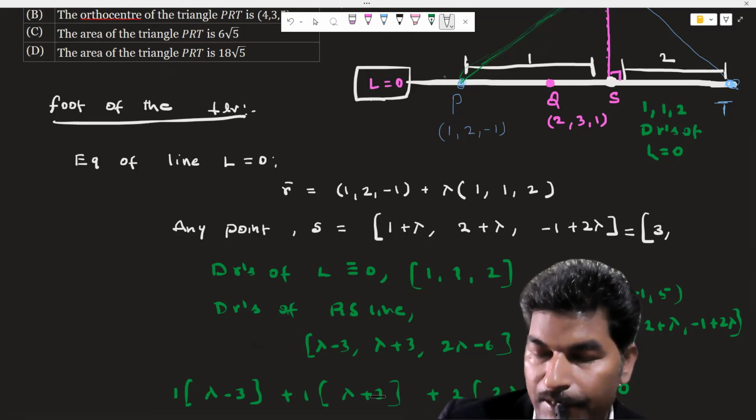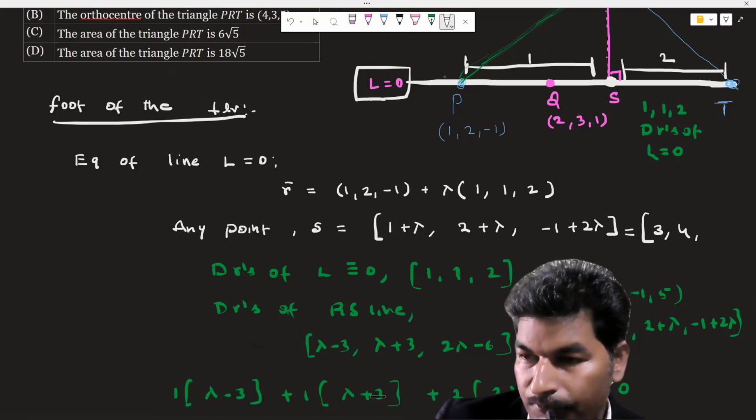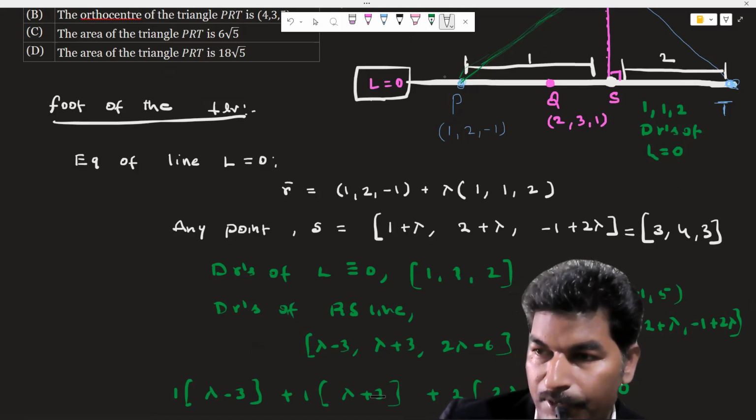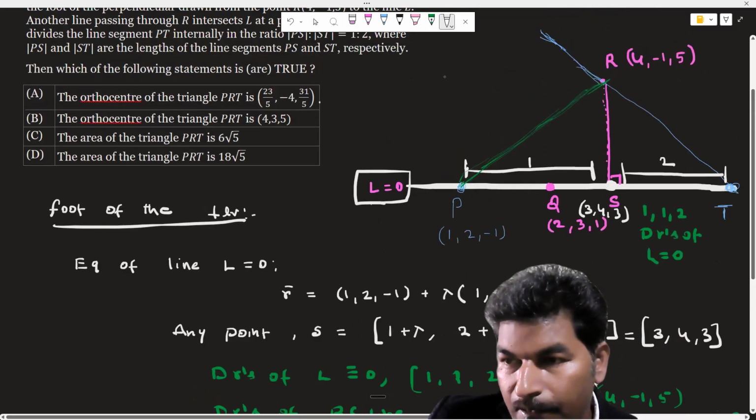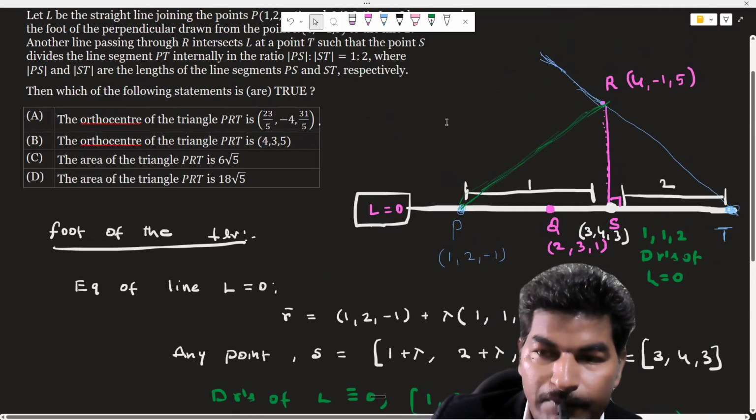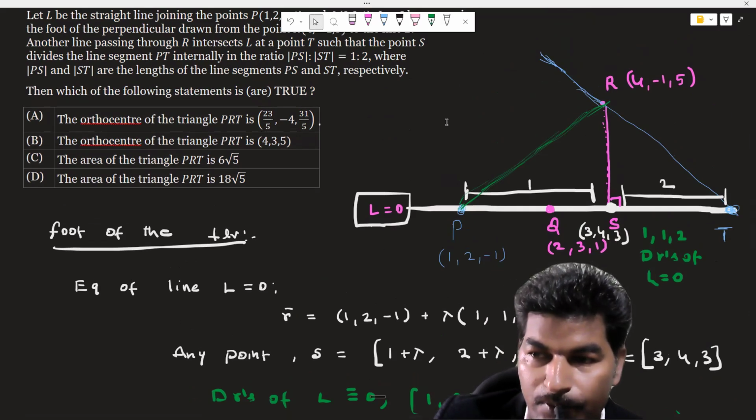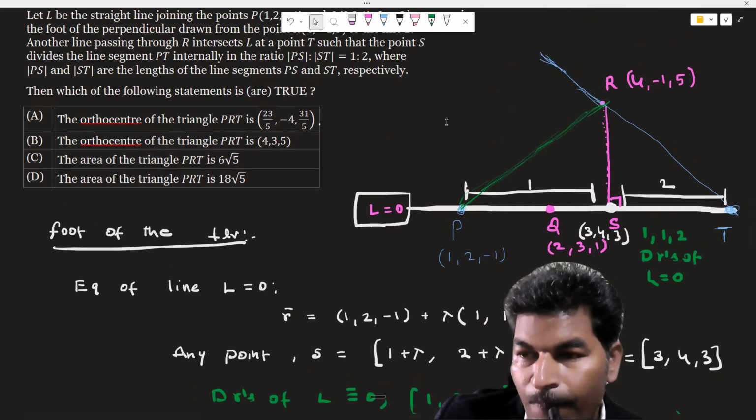Substituting in S, we get (3, 4, 3). So the foot of the perpendicular of R on the line L equal to 0 is (3, 4, 3).